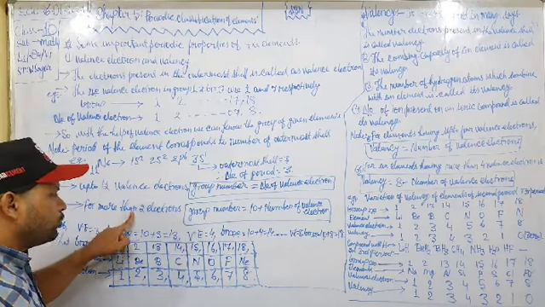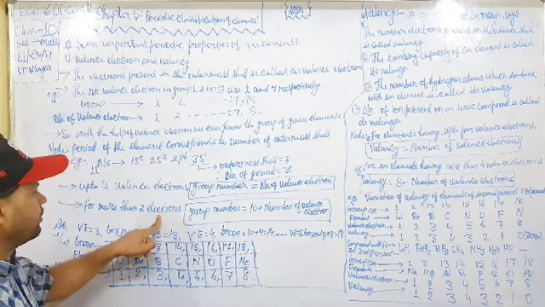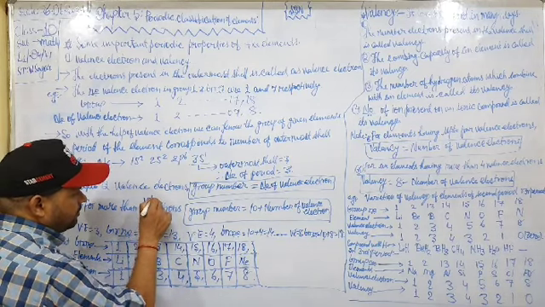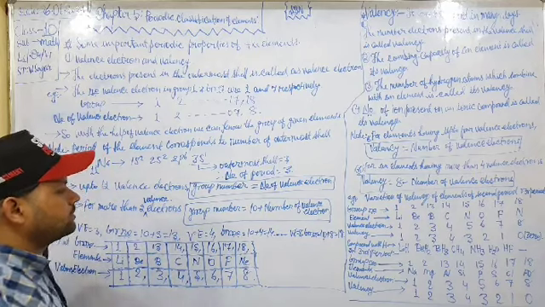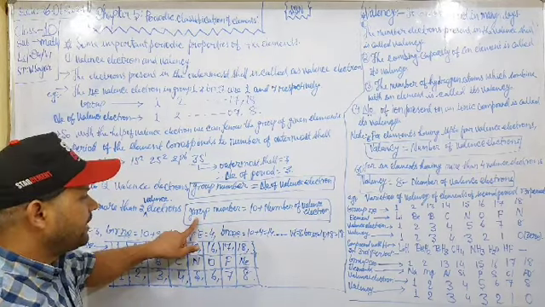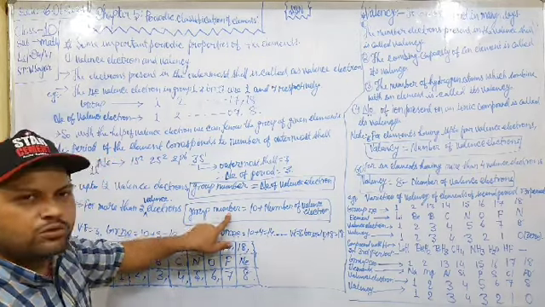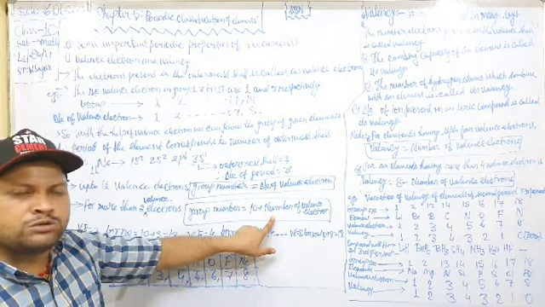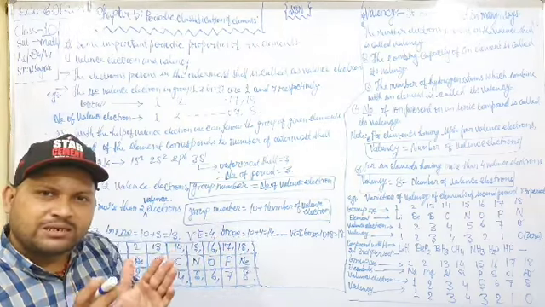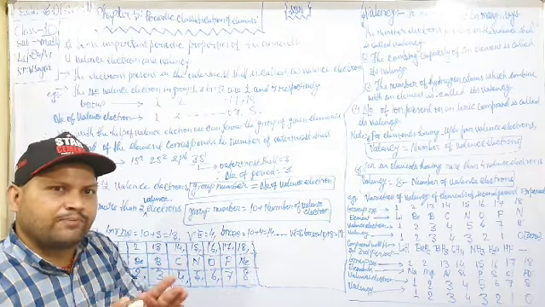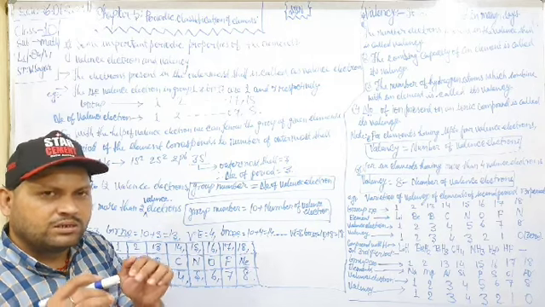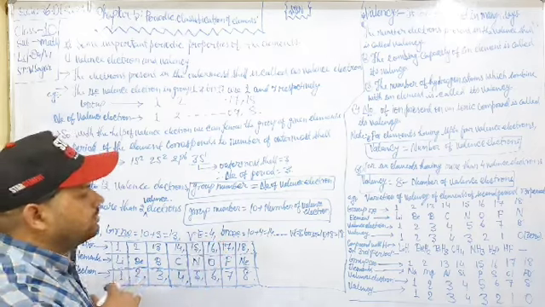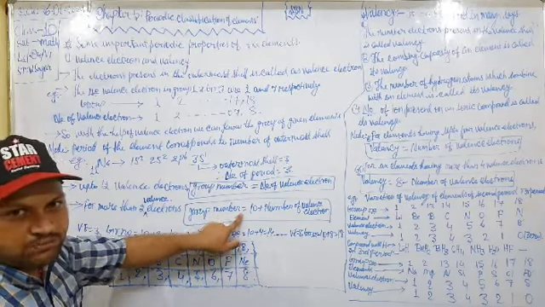For more than 2 valence electrons, we have to calculate the group number by using this formula, because 10 elements in the periodic table are left out by saying that they are transition elements. That's why we use this formula.